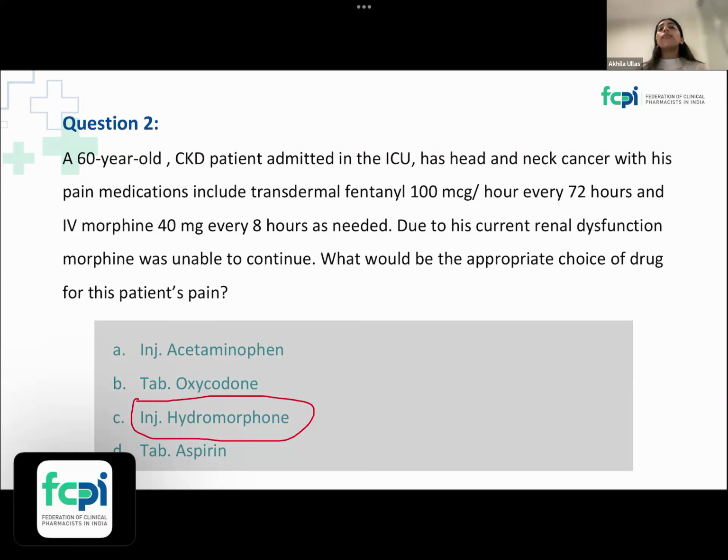So in this area, you need to check all the parameters of that patient: whether the patient can tolerate oral or IV, what the disease complications of the patient are, and which drug requires renal or hepatic adjustments. You need to check that also.